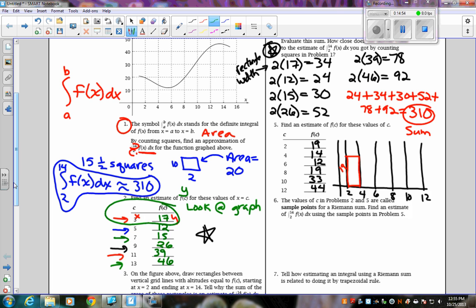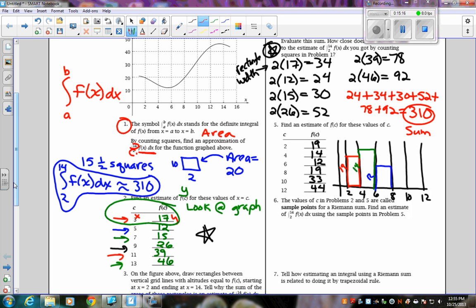Between 4 and 6, I'm going to use 14. So this is going to be 14 right here, and again our width is 2. The next one is 12. Why did I hit that bigger? I don't know. My green should be lower. 12 is here, so this should be 12, and again my width is 2.